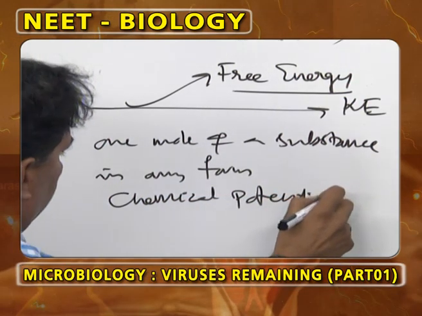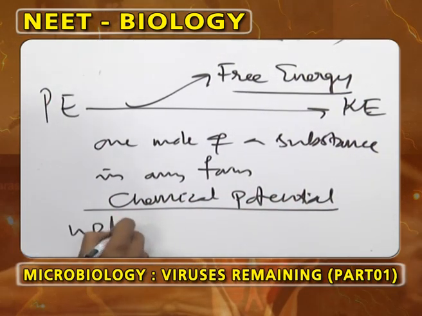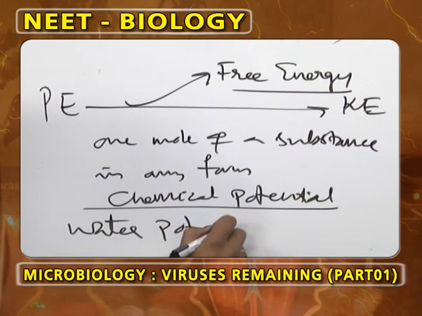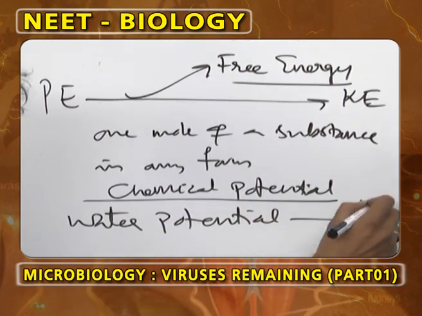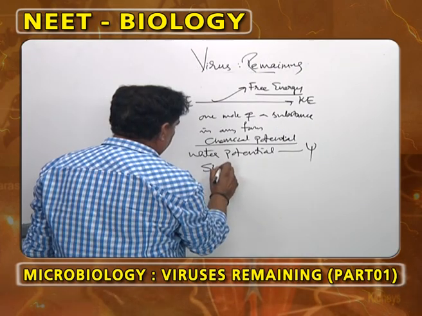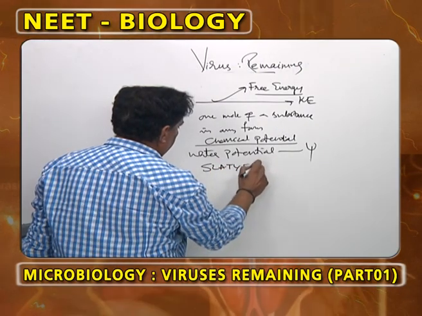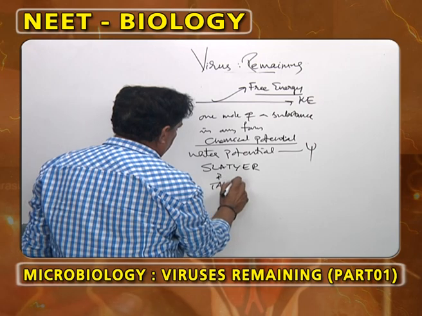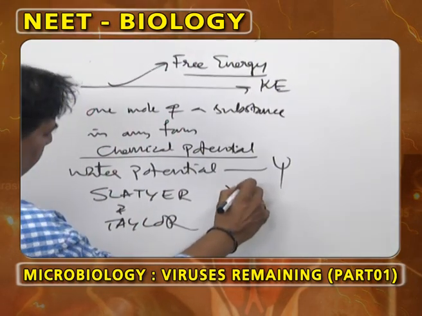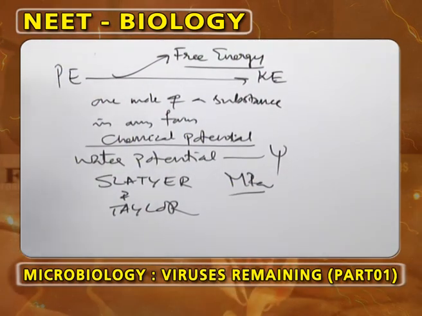The chemical potential of water is called water potential, which is denoted by the symbol psi, and the term water potential was given by Slater and Taylor, and it is measured in megapascals.